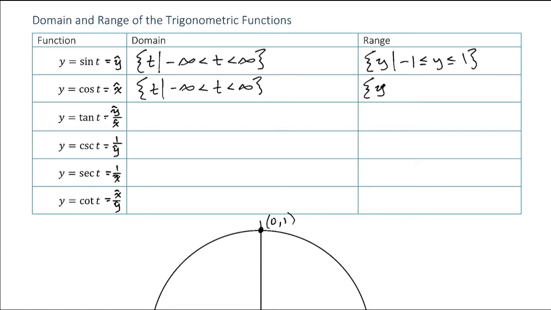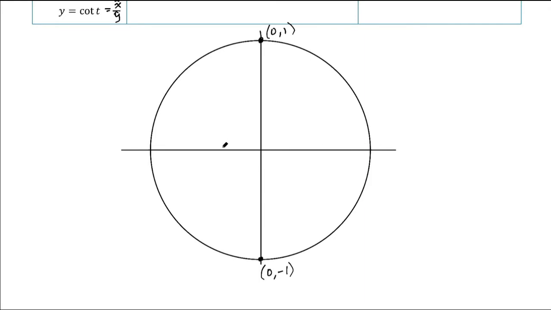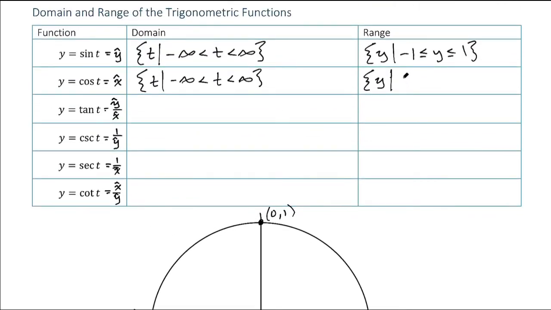So we're saying the possible things I can get from cosine. Well, the possible things I can get are x-coordinates, all the way down to this point over here, which is at negative 1, 0, and up to this point here, which is at positive 1, 0. So I can get everything between negative 1 and 1 again. So it's the same as the sine.